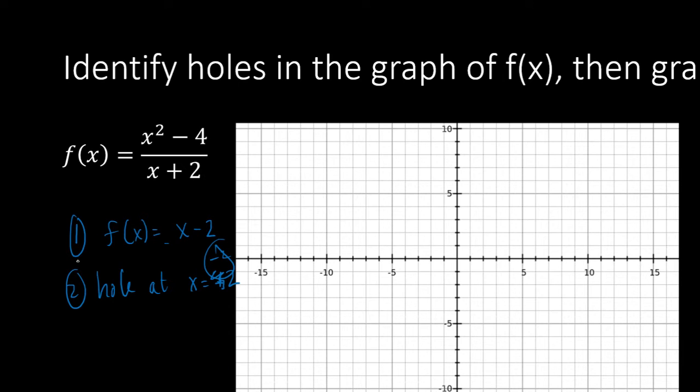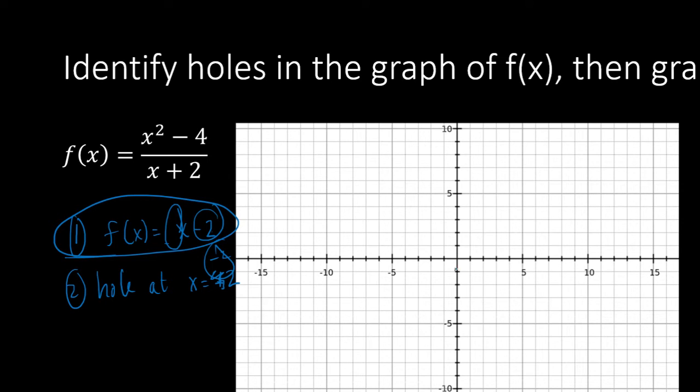So all that means is that, one, I'm going to graph this as if it was x minus 2. Remember that our slope would just be this coefficient, which is 1, and I'd have a y-intercept at negative 2.